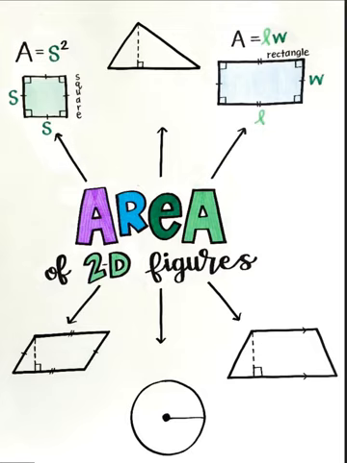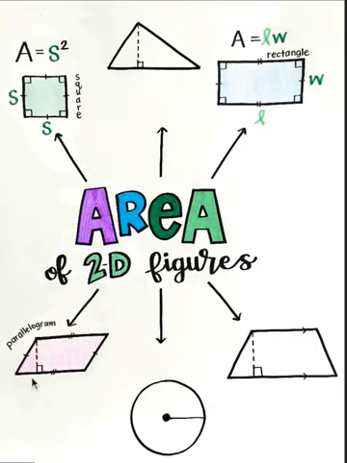Let's go down here now to a parallelogram. With our parallelogram, we've figured before that we have a base and we could find a height. Do you remember that our base and our height have to be perpendicular to each other? So we could choose any line to use as a base. This top line could be our base, this side line could be our base.